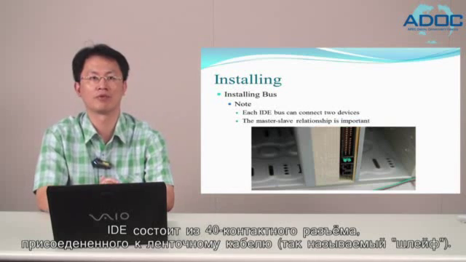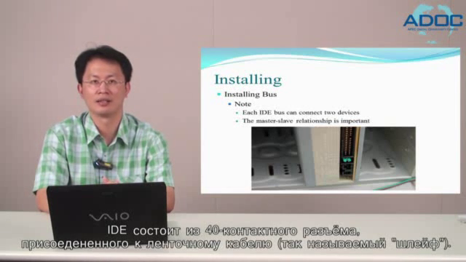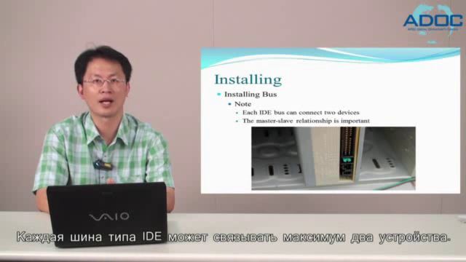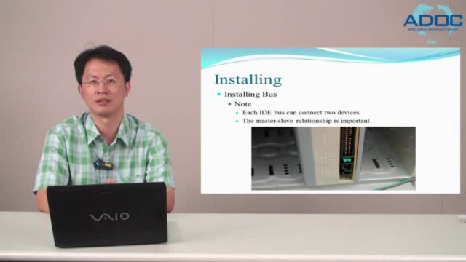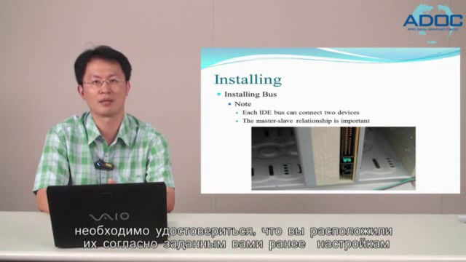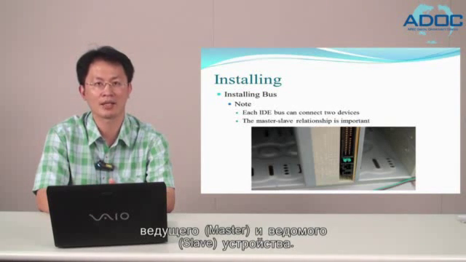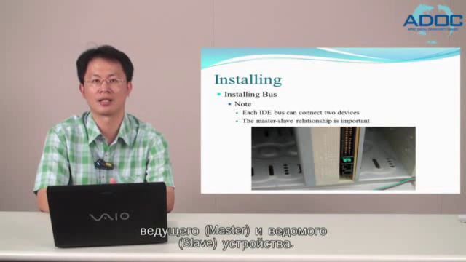IDE consists of a 40 pins connector attached to a ribbon cable. Each IDE bus can connect at most 2 devices. To plug in the IDE ribbon cables, make sure you position them according to the master slave setting you set earlier.